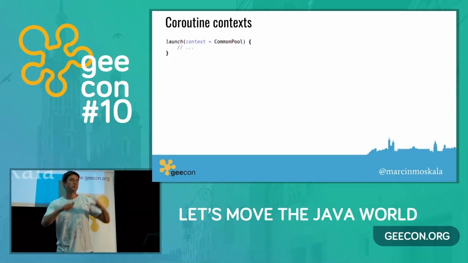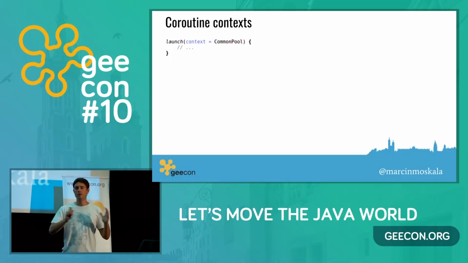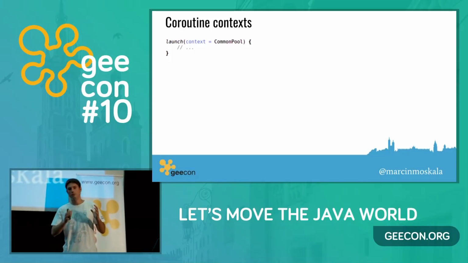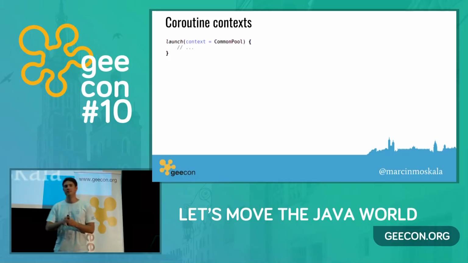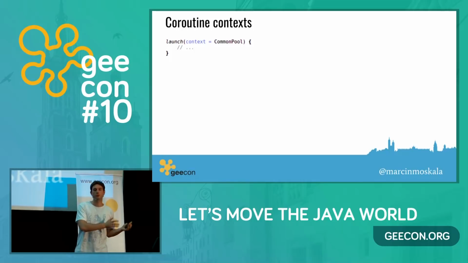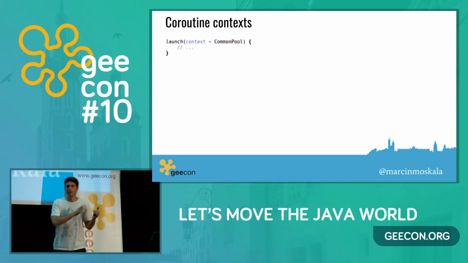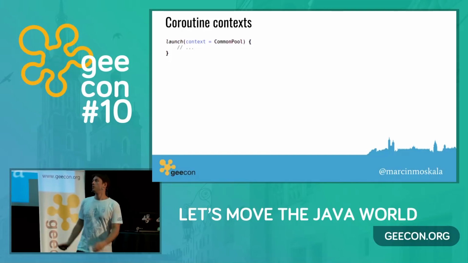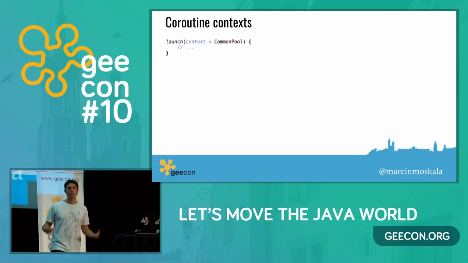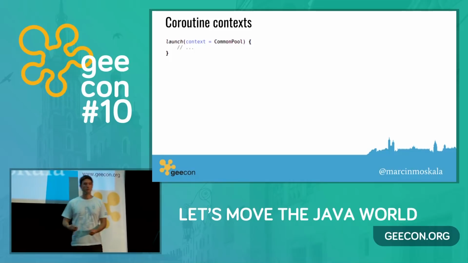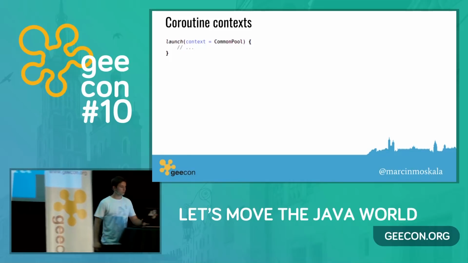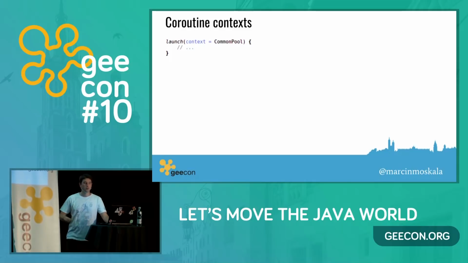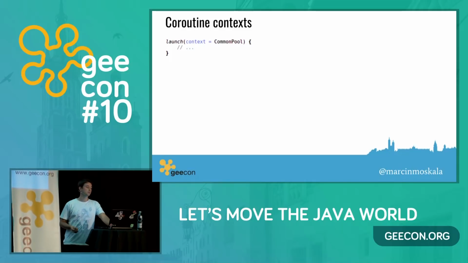Coroutine context is a bigger subject, but one of its characteristics is that it says on what thread we execute our coroutine, and this is actually the most important characteristic. So CommonPool uses a common pool of threads to start the coroutine, and it is the default coroutine context, so you don't need to specify it.